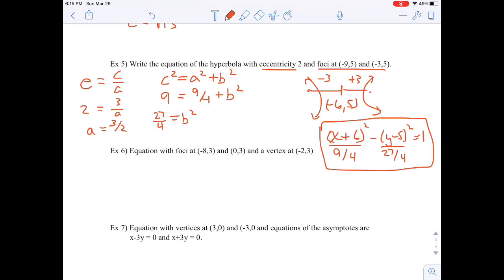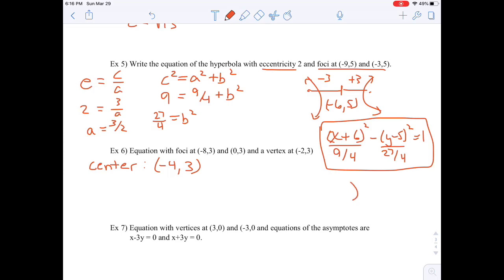Okay, our next one. Equation with the foci at negative 8, 3 and 0, 3, and a vertex at negative 2, 3. A vertex. Okay, I don't know both vertices, but we do know that the center is at the midpoint of our foci, which would be negative 4, 3.